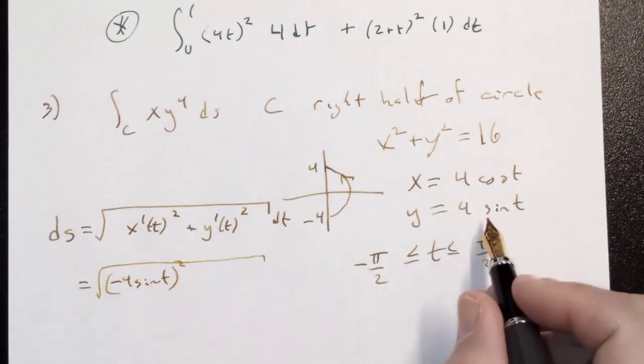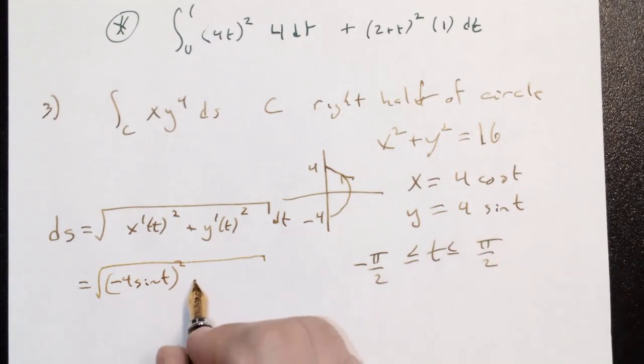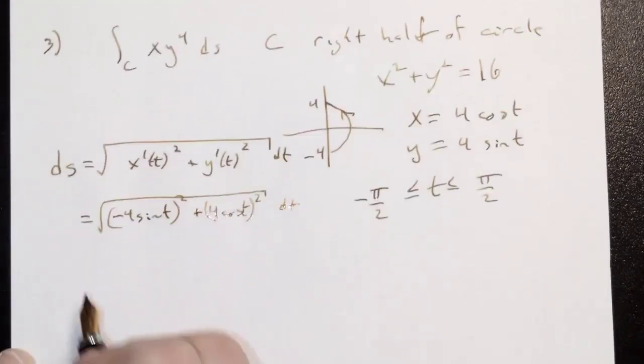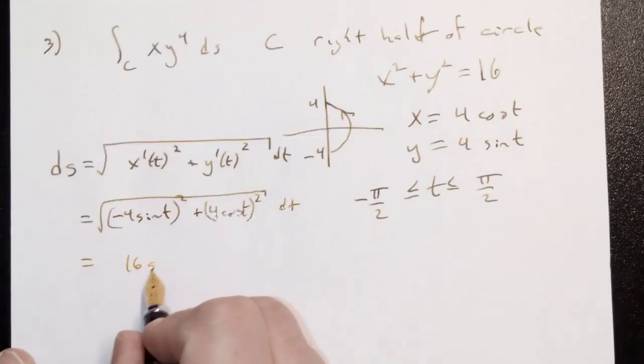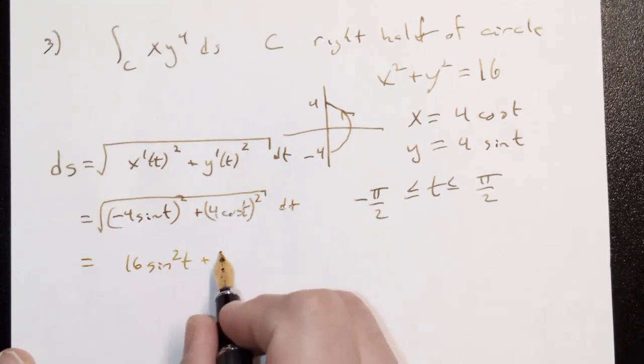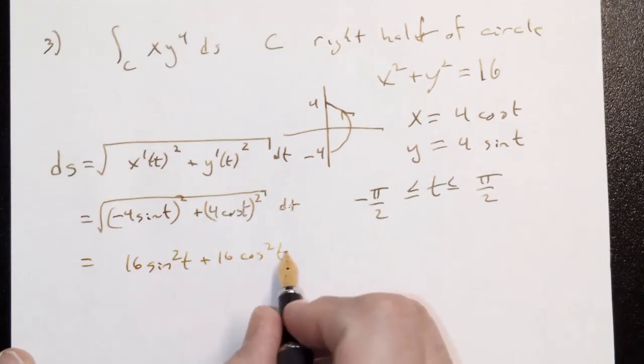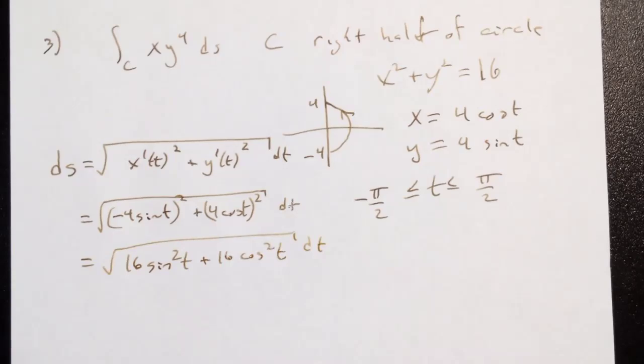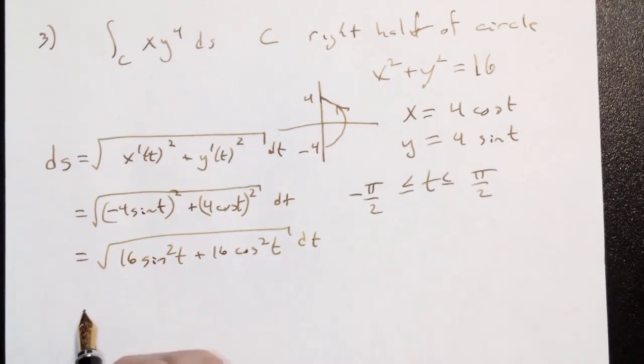Derivative of 4 sine t, but that also gets squared. And when you square this, you get 16 sine squared t plus 16 cosine squared t, which gives me... yay!